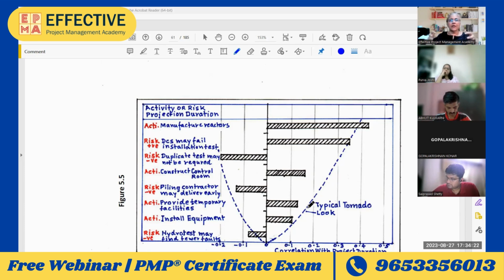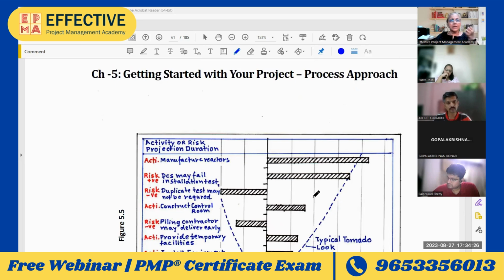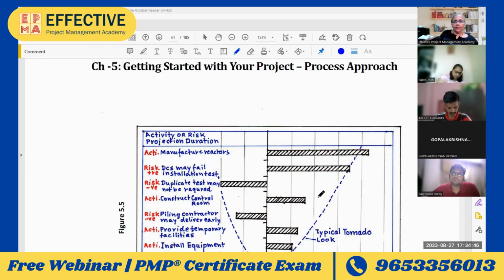So that's why it's called a tornado diagram or risk sensitivity diagram. You have high impact risks on the top, low impact risks on the bottom. What is the purpose of this? You understand which are the risks on which you should be focusing. It could be opportunities, it could be threats.